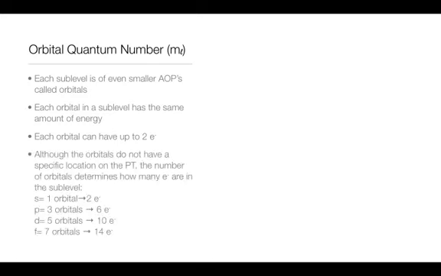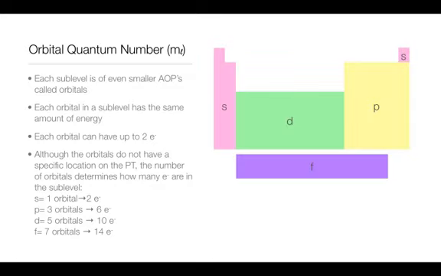Now, we don't have a specific section designated for the orbital quantum number. But like I said, the number of columns within each of the sublevels is driven by the number of orbitals that each sublevel can have.